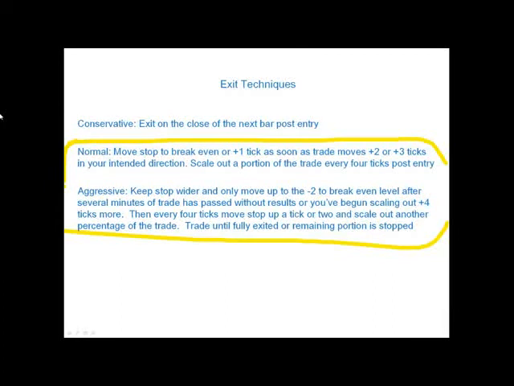Or if you've begun scaling out at, let's say, plus 4 ticks or so, once you've got that first point under your belt, you take a little bit off the table. Then you move the rest of it to minus 2 ticks, so that no matter what, you're going to take a loss or break even on the remaining after those first 4 ticks.